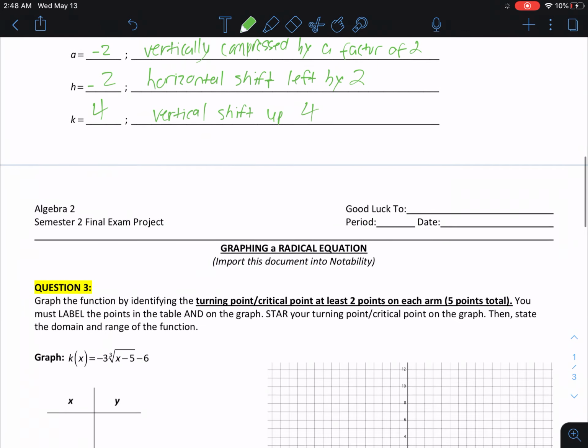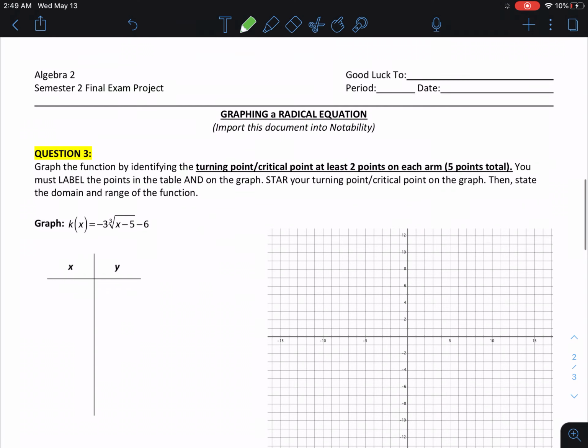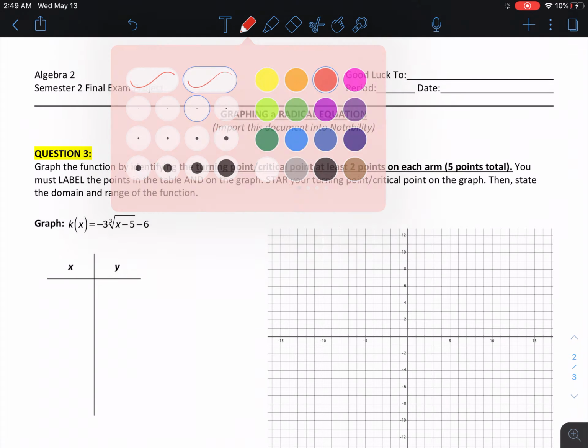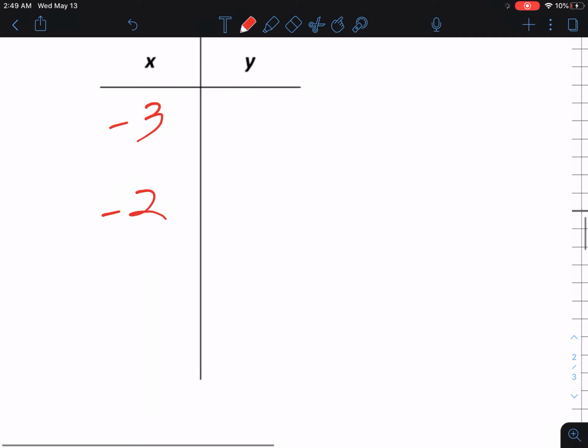Now for question 3, we're using the equation shown, and we have to make our x points. So our x points are negative 3, negative 2, negative 1, and 3.